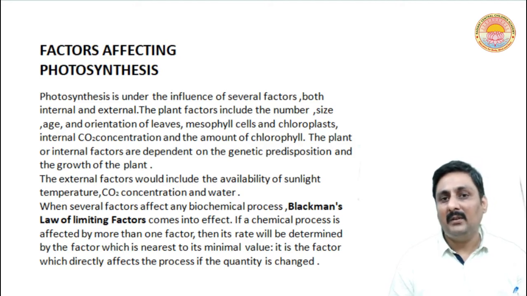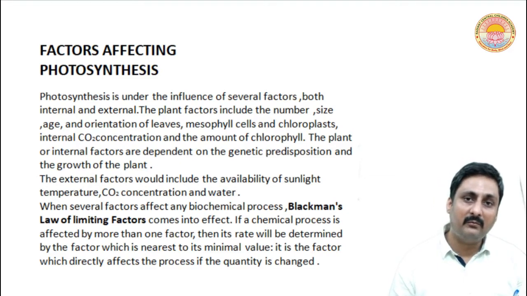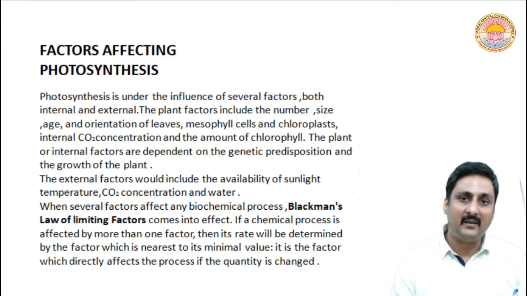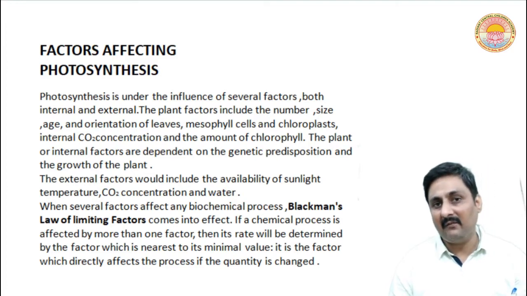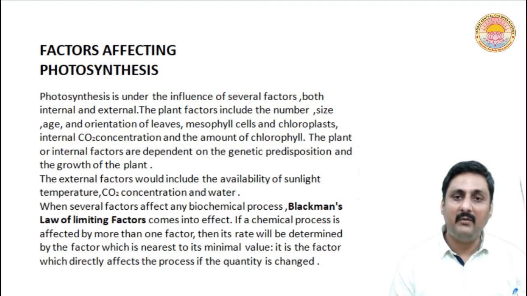For example, the distribution of leaves on the plant, the number of leaves, the orientation of leaves, the amount of chloroplast present in the leaves, the amount of chlorophyll present in the leaves. Apart from that, there are certain other factors such as genetic factors and rate of growth of the plant, which also affect the rate of photosynthesis.